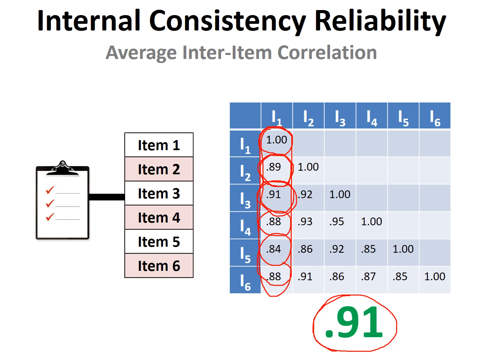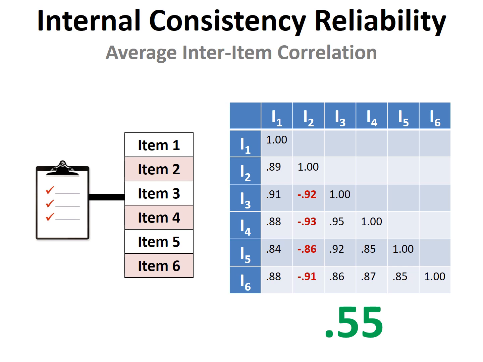That is, if you got item 2 right, you tended to get items 1, 3 and 4 right. Or if you got it wrong, you got the other ones wrong. So these numbers, in average inter-item correlation, show the consistency with which you respond to each item in a set of items.